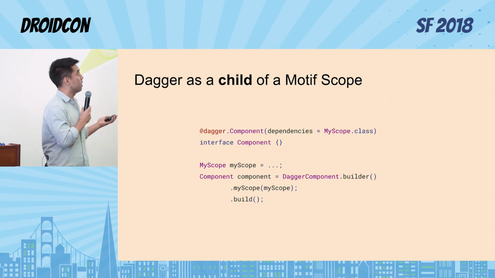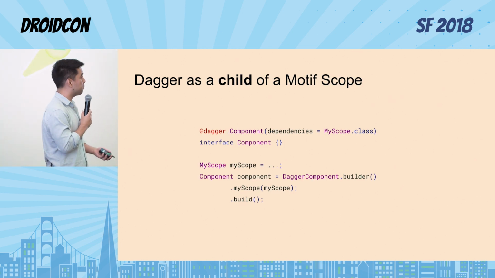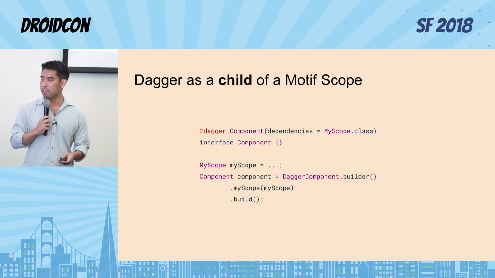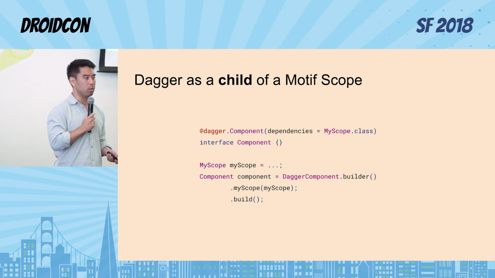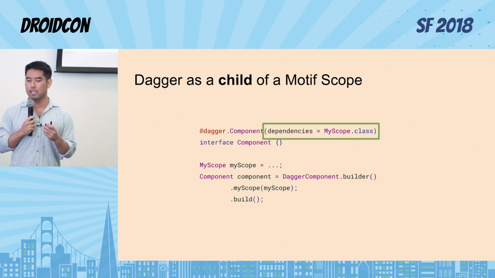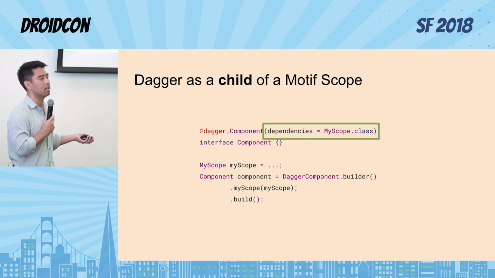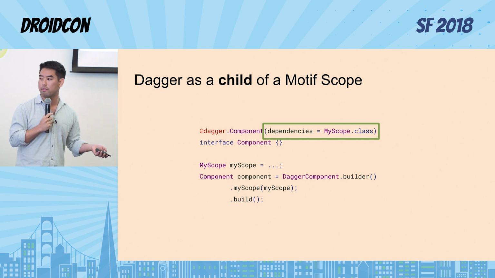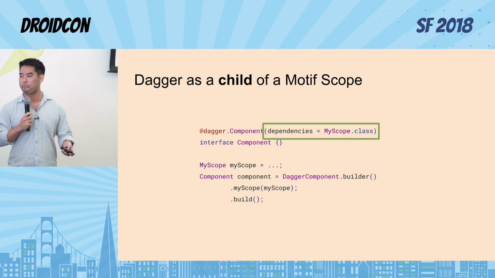The first scenario being Dagger as a child of Motif scope. And the first thing you do is define your component as you normally would, and define your dependencies as you normally would, except instead of passing in a component class here, you pass in a Motif class, a Motif scope rather.